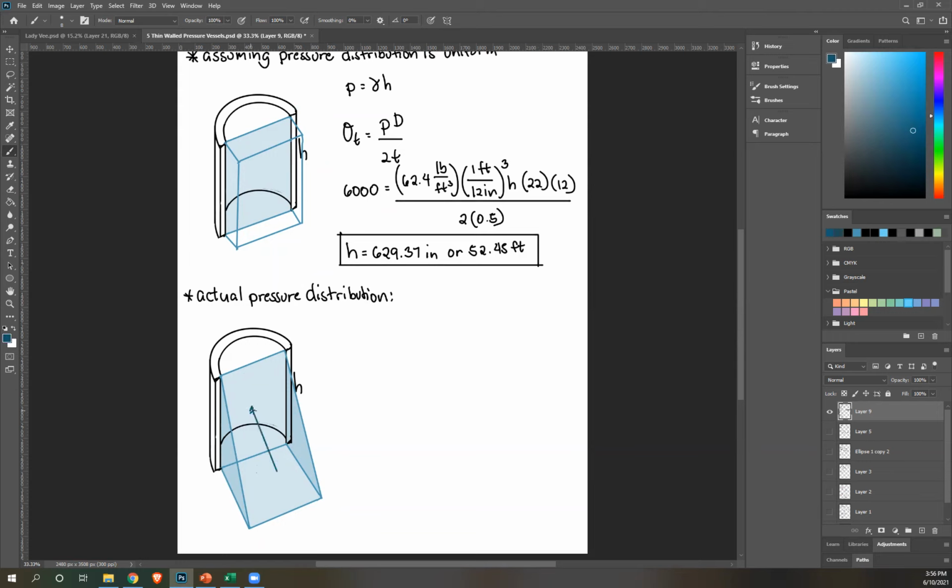So we still have a total force F acting on our vessel. And then this force F is being resisted by your vessel itself. Because of that, it's going to experience stress. Okay? And then that stress creates a force resisting F.